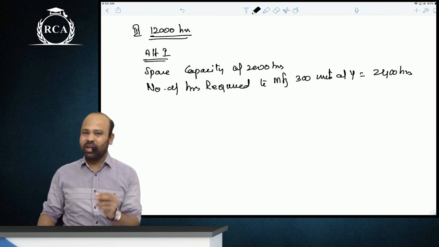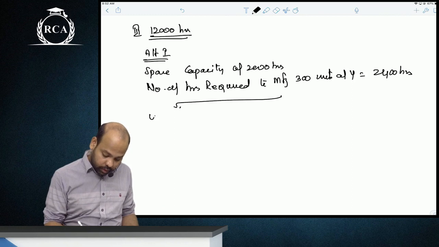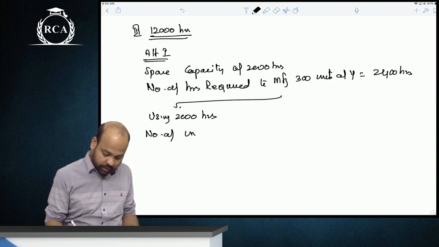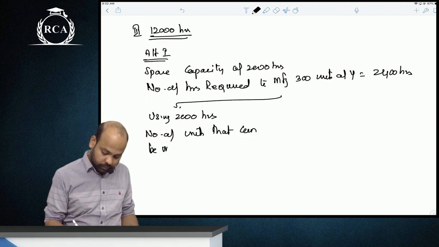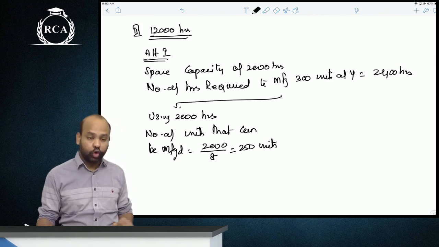This is just a combination of case 1 and case 2, nothing else. Using 2000 hours, the number of units that can be manufactured is 2000 divided by 8, which is 250 units.